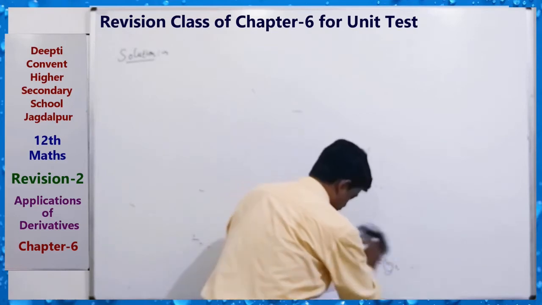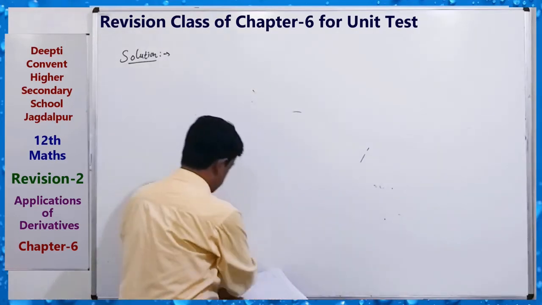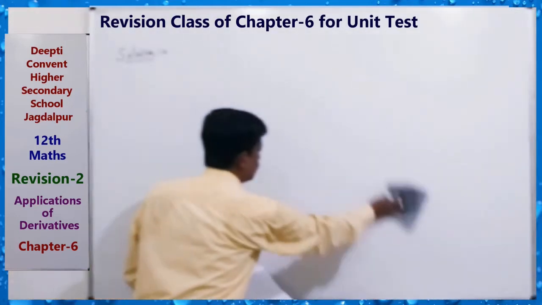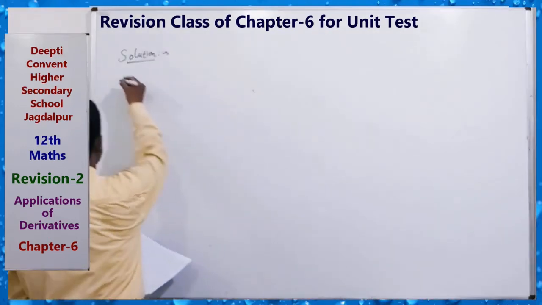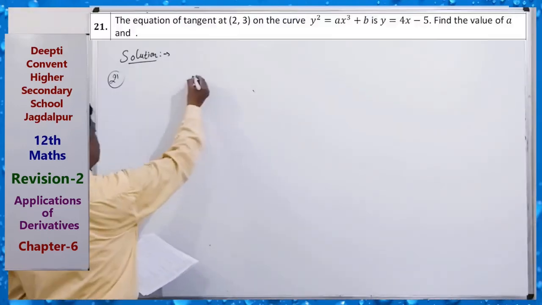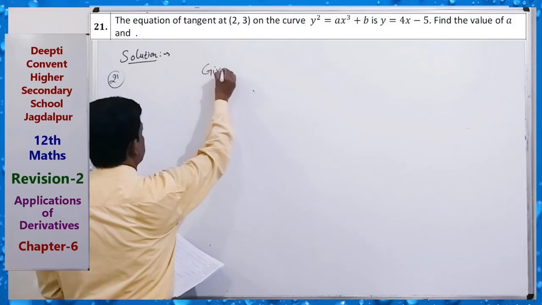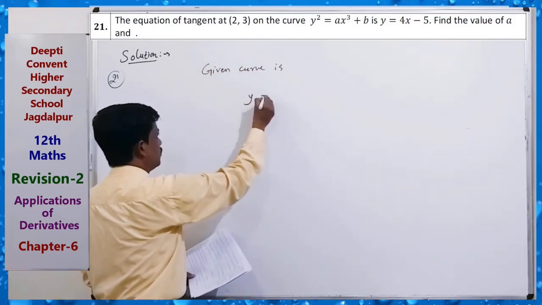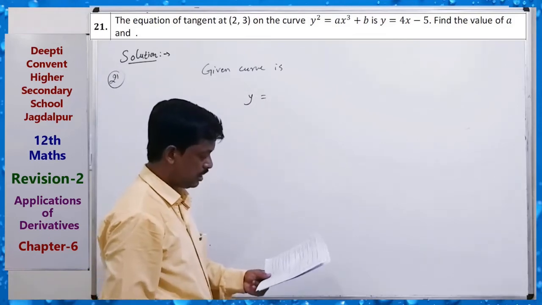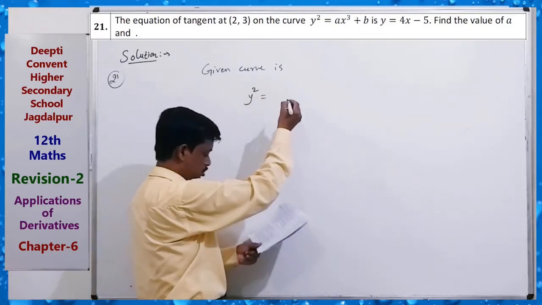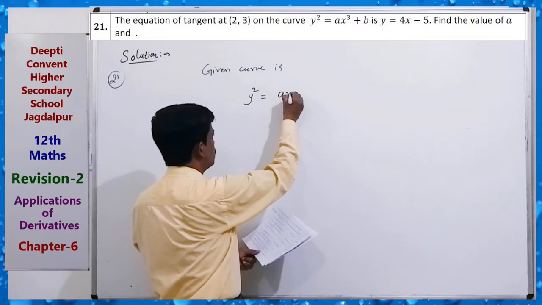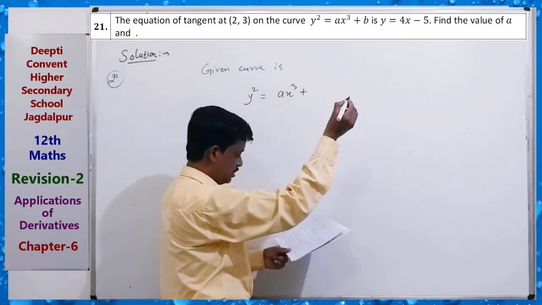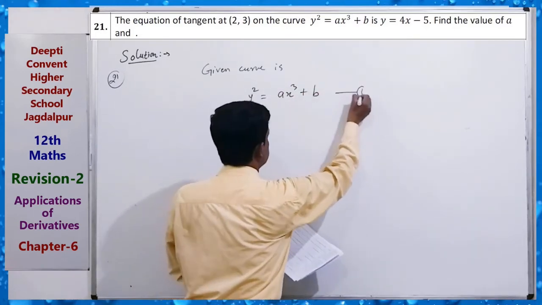Here the given curve is y square equals a x cube plus b. This is the given curve.